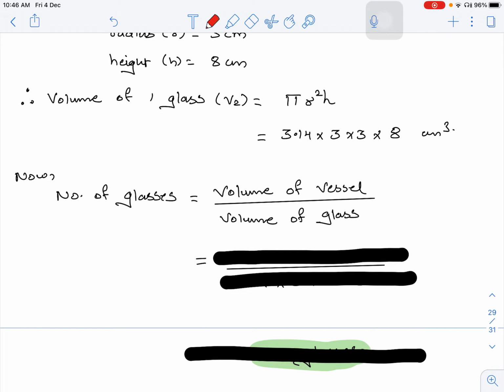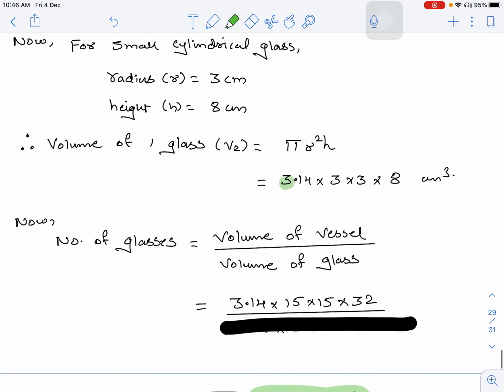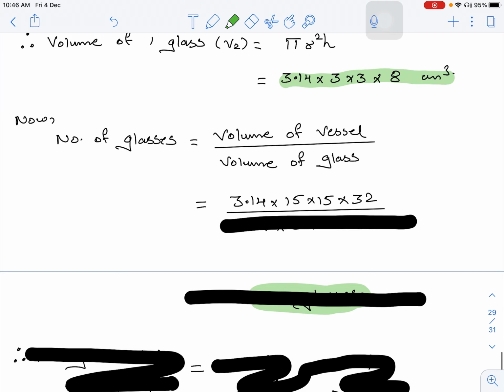Now what is the volume of a vessel? We have already calculated it over here, this one, let me highlight it. And the volume of glass also we have, so let us put both the values over here. Now check whether we can make some cancellations or not. Yes, we can.